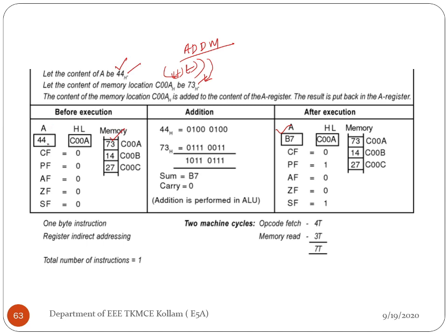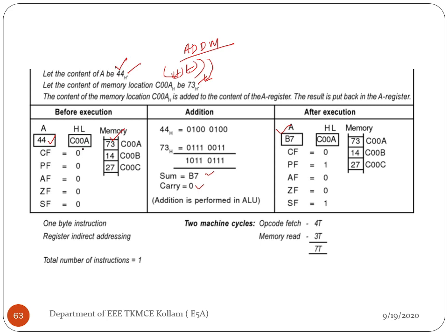Initially the accumulator is 44, the content of memory pointed by the HL pair is 73. When we perform this addition, we obtain the sum as B7. There is no carry. Therefore, the result B7 is saved in the accumulator and the content of the HL pair and the content of the memory location pointed by the HL pair don't alter.